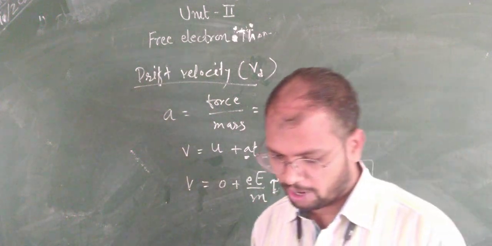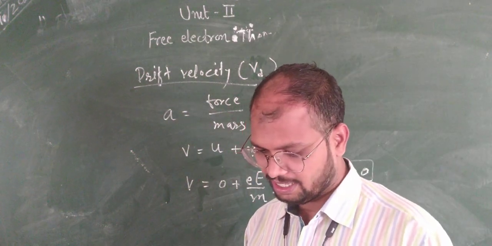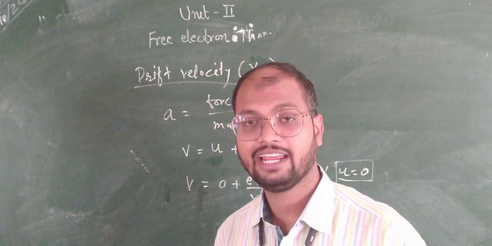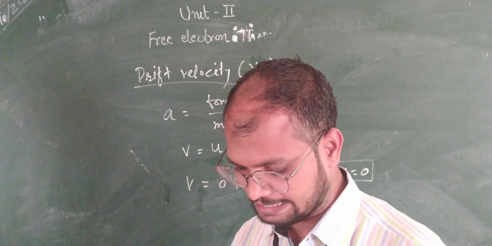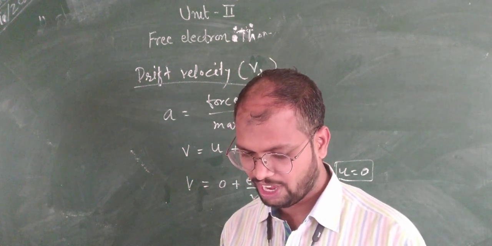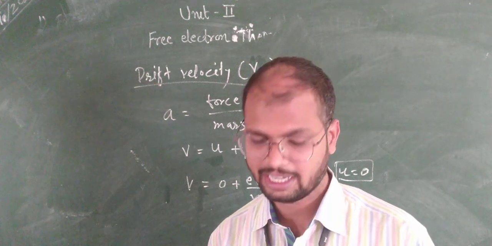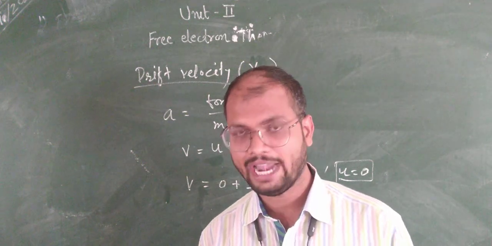So the applied electric field E accelerates the electrons. The electron velocity suffers a sudden change in magnitude and direction.